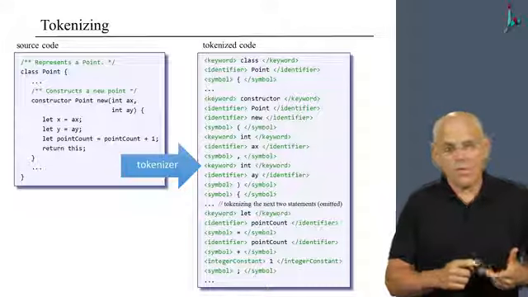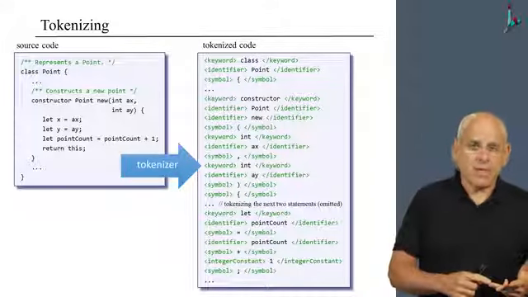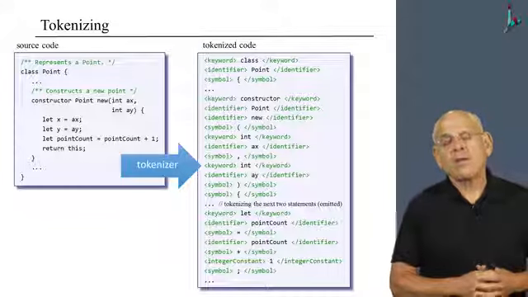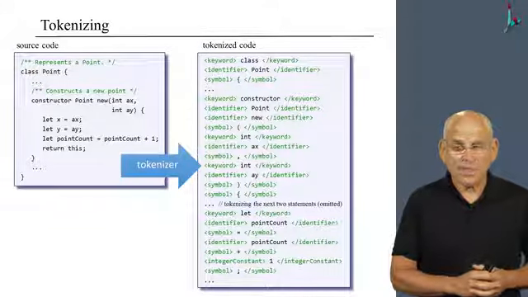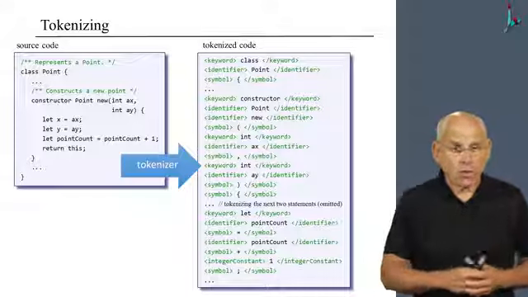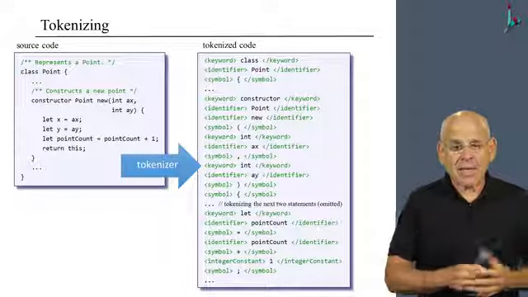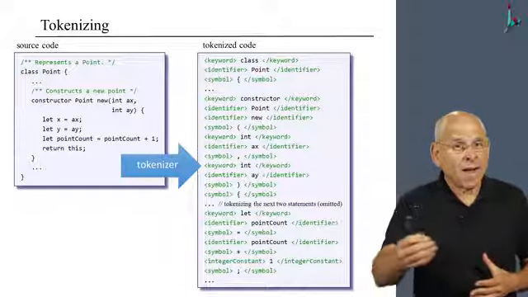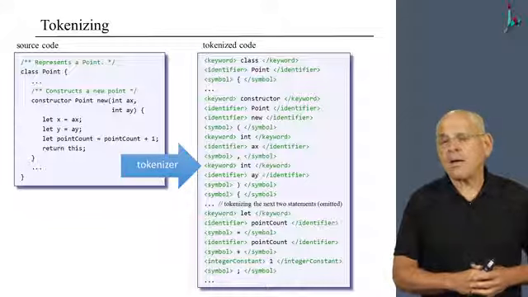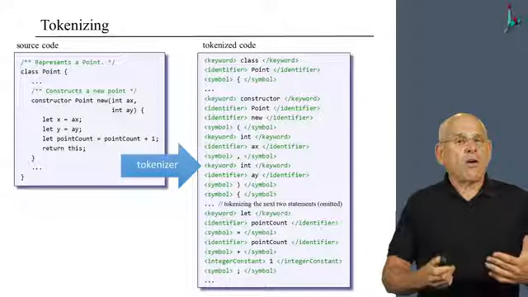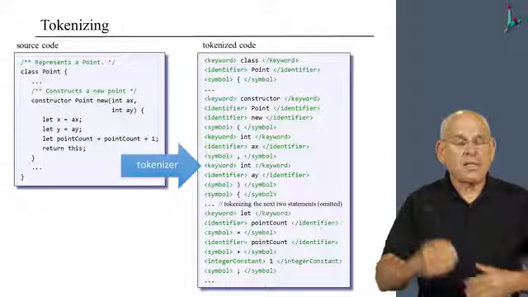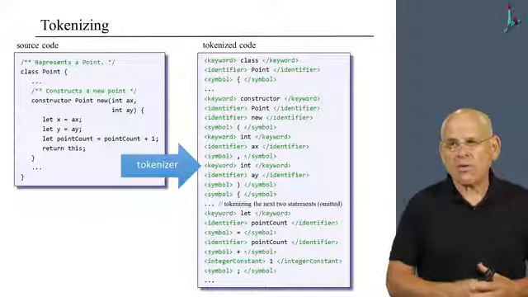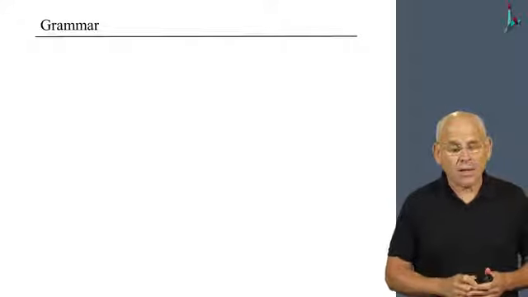Red, drives, a, and he. Four legitimate English words. However, they don't come in the right order. Had I said something like, he drives a red car, everything would become crystal clear. So it's not only the tokens that are important, the order of the tokens is critically important as well.